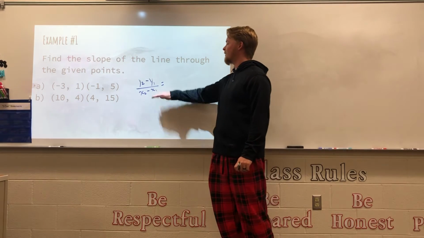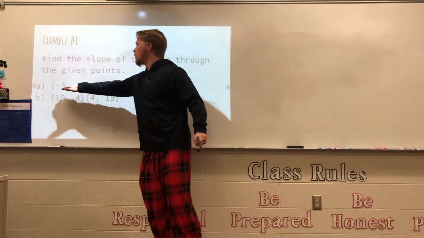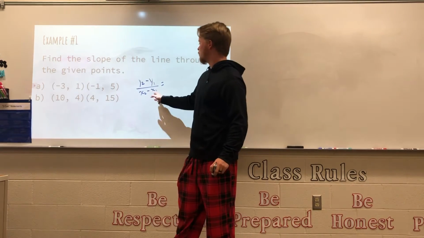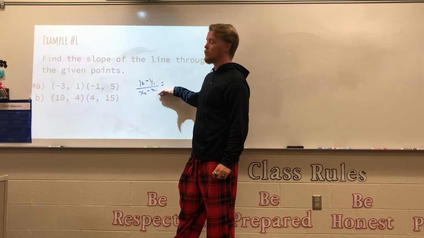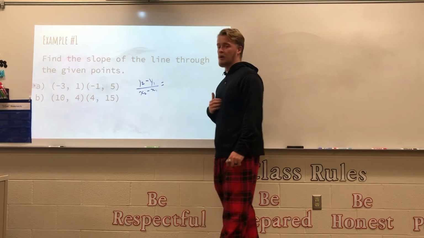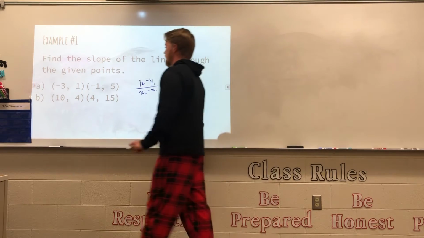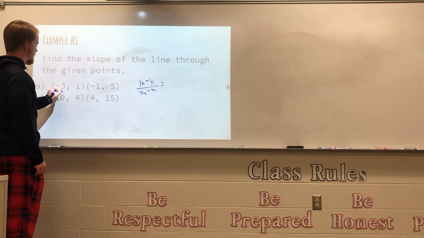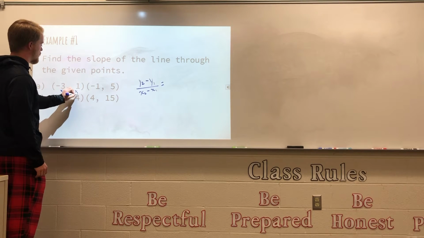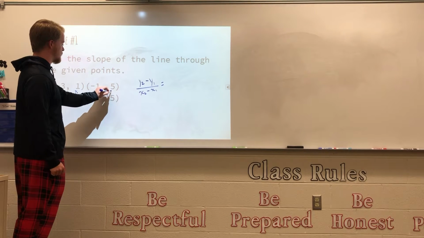So once you have that, remember to find slope, all you're going to do is label your points with x1, y1, x2, y2, and then you plug them into your slope formula and just work it out and simplify. So again, remember, in an ordered pair, your x comes first, so this could be my x1, my y1, and this is x2, y2.